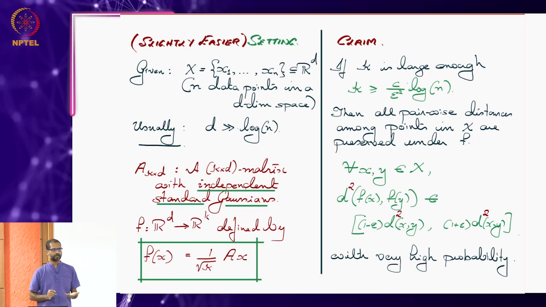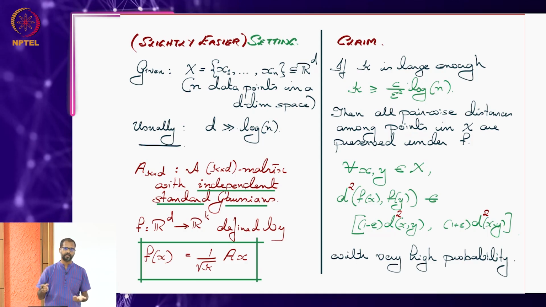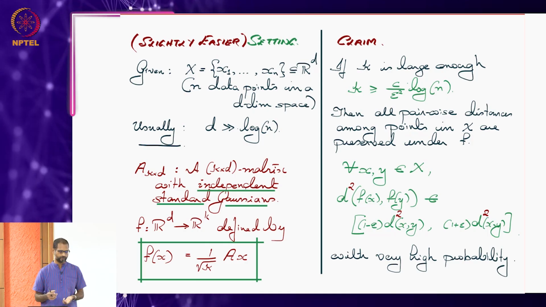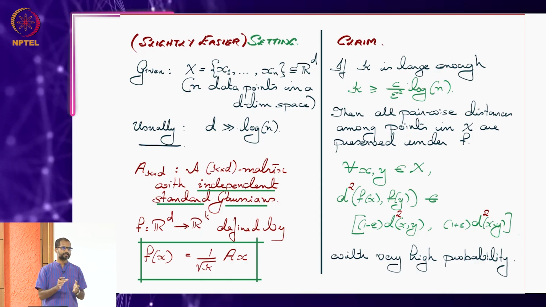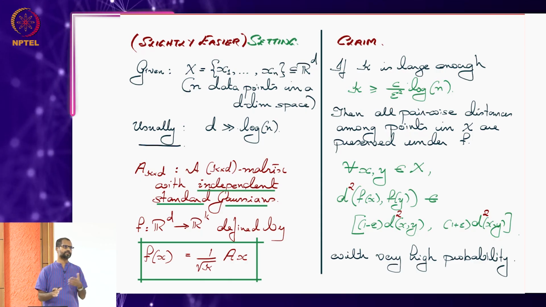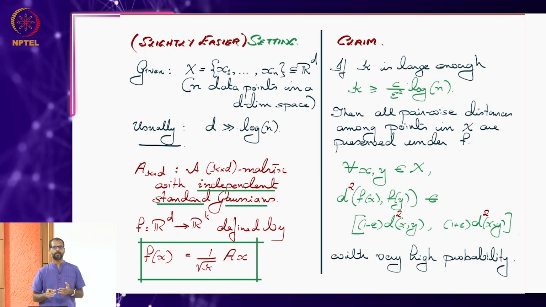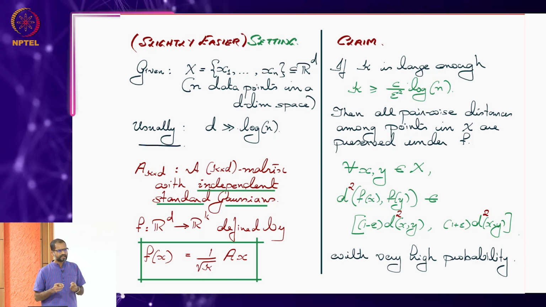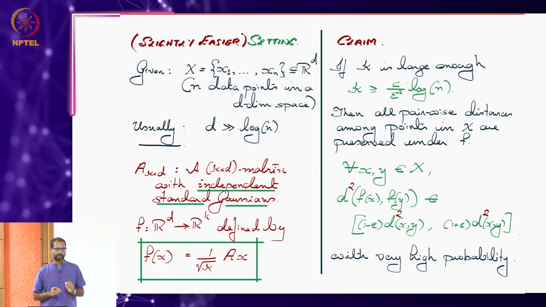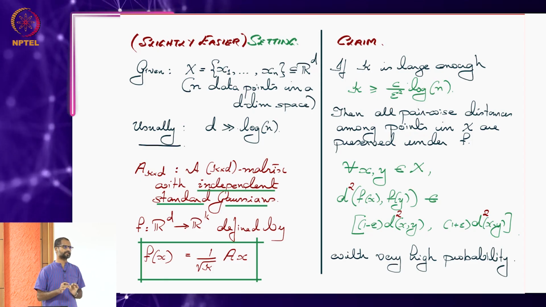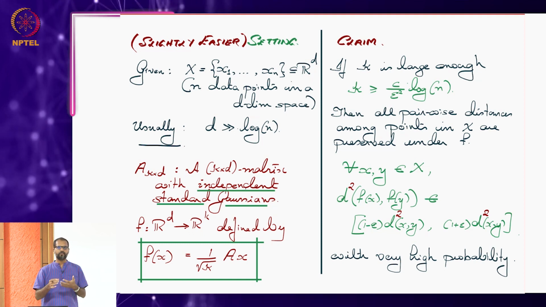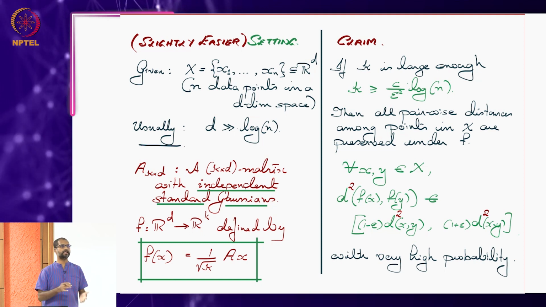The setting remains same, you have n data points in a d-dimensional space, it makes sense only if d is really large, and instead of taking this k-dimensional random subspace and projecting data onto that, you do something which is nearly the same operation. It is almost like taking a projection onto a random subspace, but not exactly. How much they differ and so on, we will discuss at the end of this lecture.